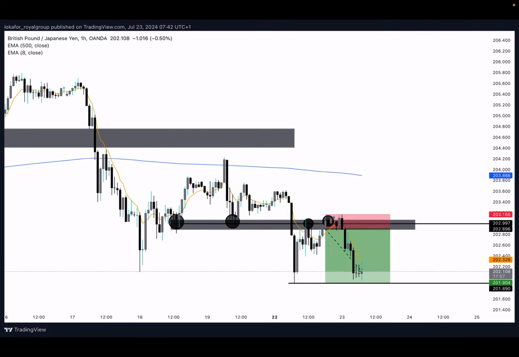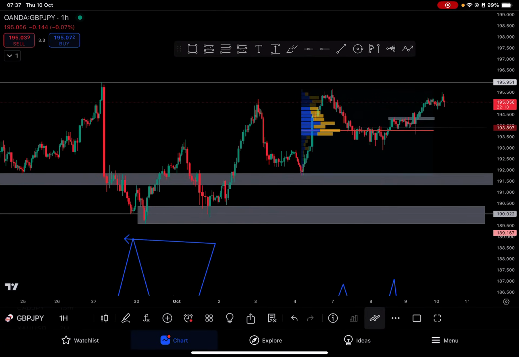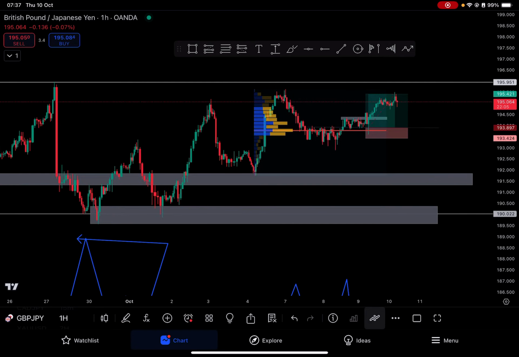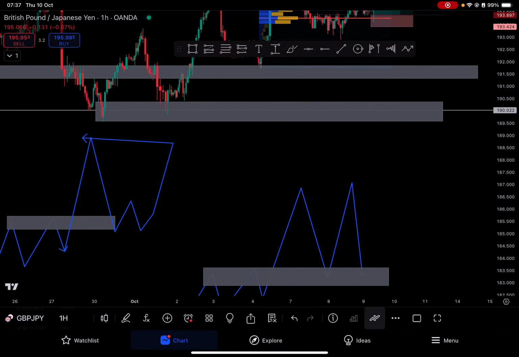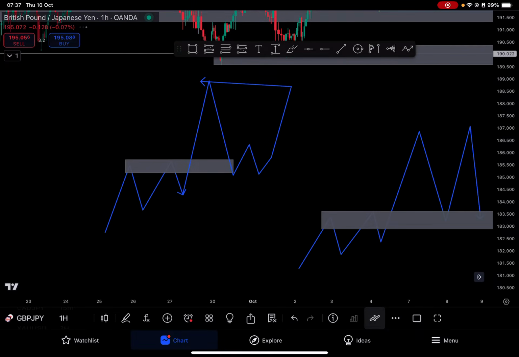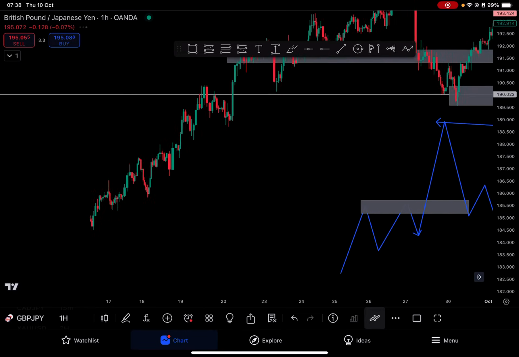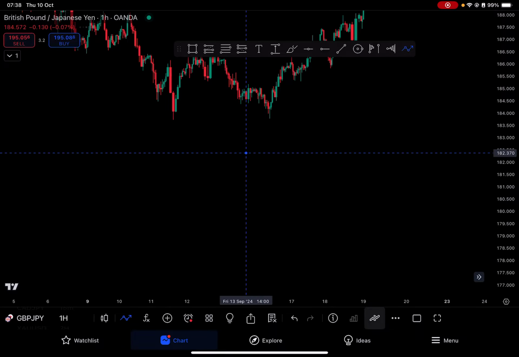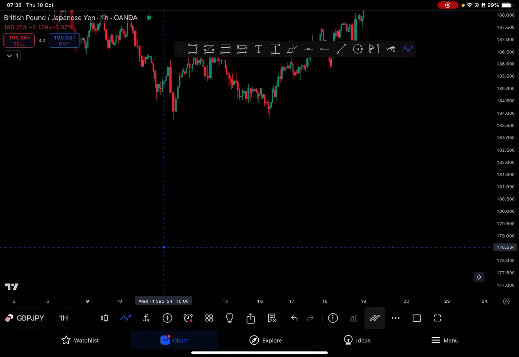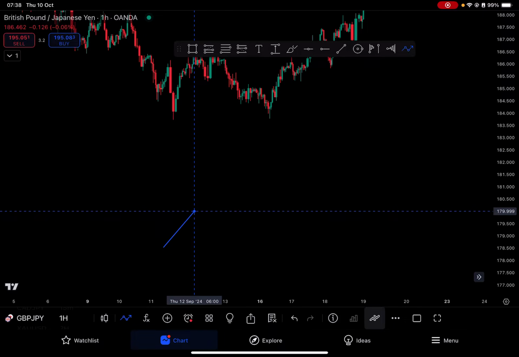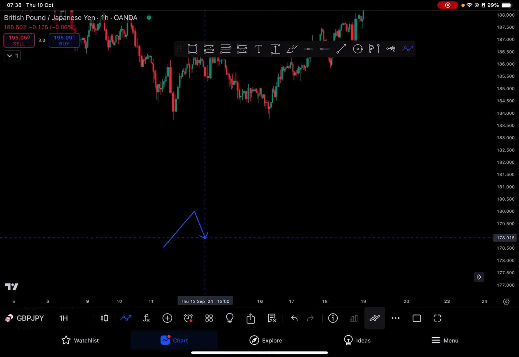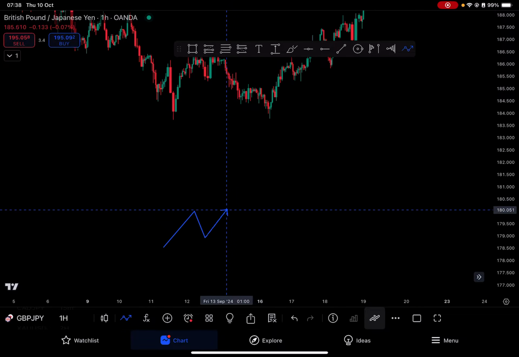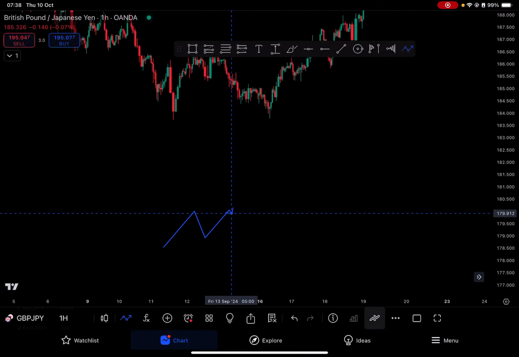Now, it's beyond just the bounce and all the things you're hearing. Let me break down the psychology for you so that you can truly understand what I mean, right? So right off the bat, I explained to you guys that when price is moving in a particular direction, everything that is pushing price here is volume and liquidity.